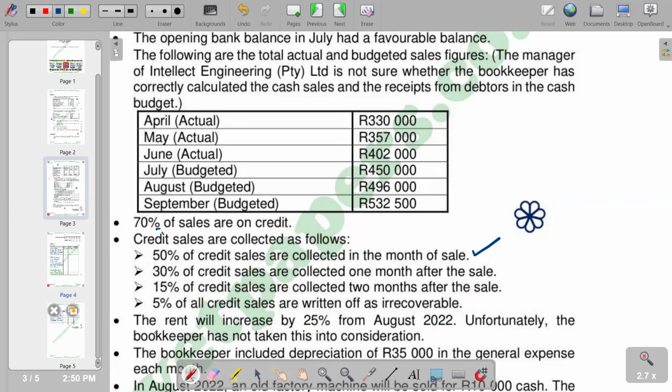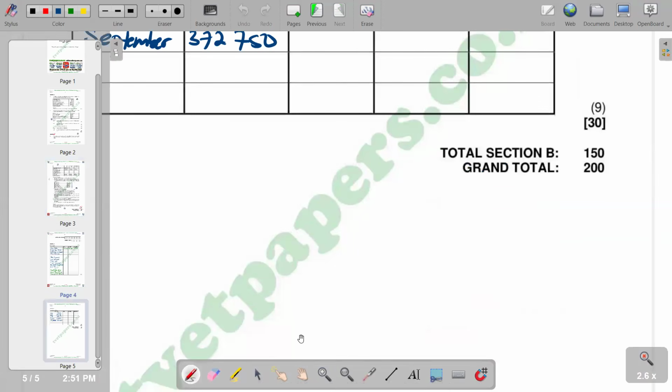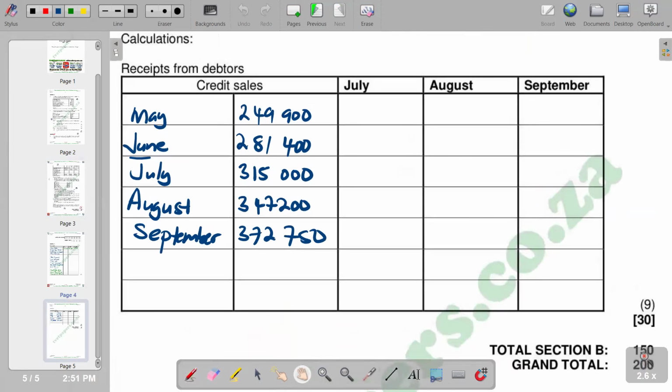So if you come to our schedule, we are going to multiply by 50%, which, converted to a decimal, is 0.5. For example, we have July. What is going to be received in July?